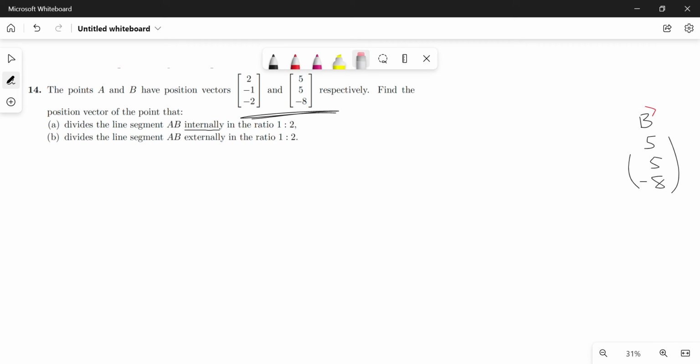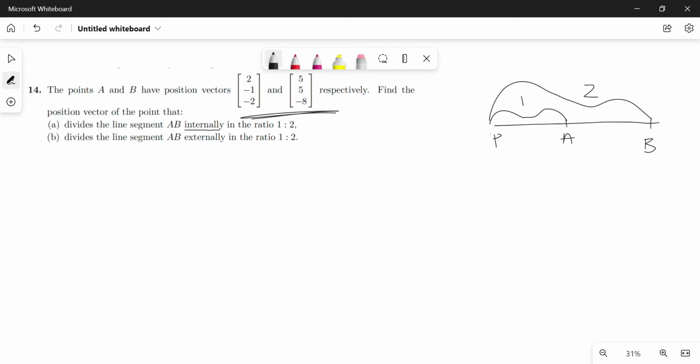So the distance to A is closer than its distance to B. So again, if I put A and B here, you can see that P has to be here because it's closer to A. This distance, A to P, is 1, whereas B to P is a distance of 2. So it's external, it's outside, and it's still breaking up the interval in the ratio 1 to 2. So it's definitely going to be closer to A.